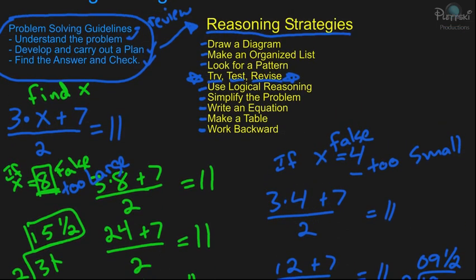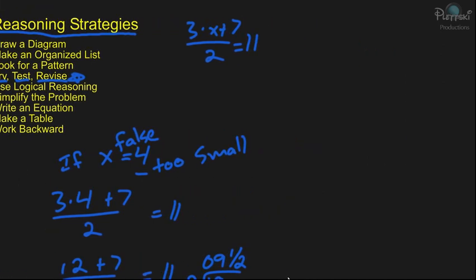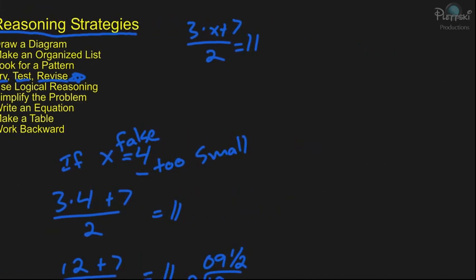And I need a place to write here. So here I'm going to rewrite the equation. 3x plus 7 over 2 equals 11. And we'll move over to the right. Okay, let's try if x equals 5. So what happens if x equals 5? Well, let's find out.